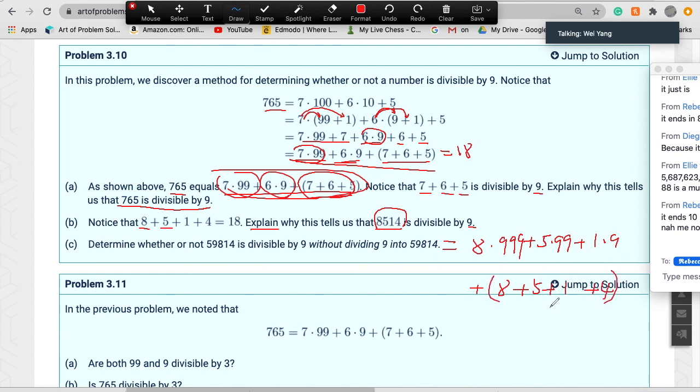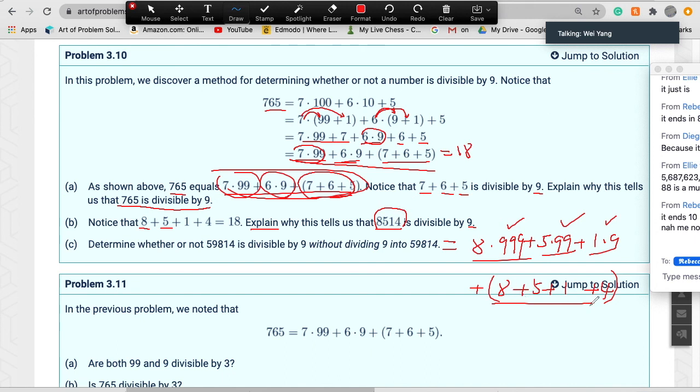You need to get this. This term is already divisible by 9, this also, and this also. Then if the sum of these 4 digits is divisible by 9, this number will be divisible by 9. Otherwise, this number would not be divisible by 9.